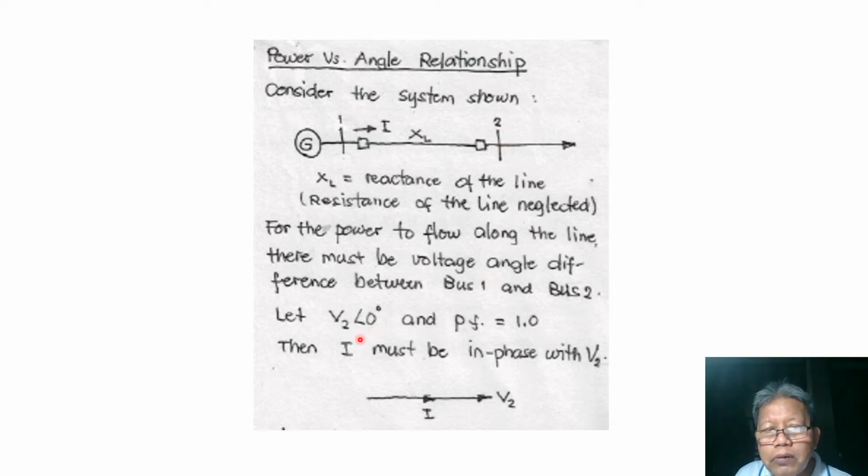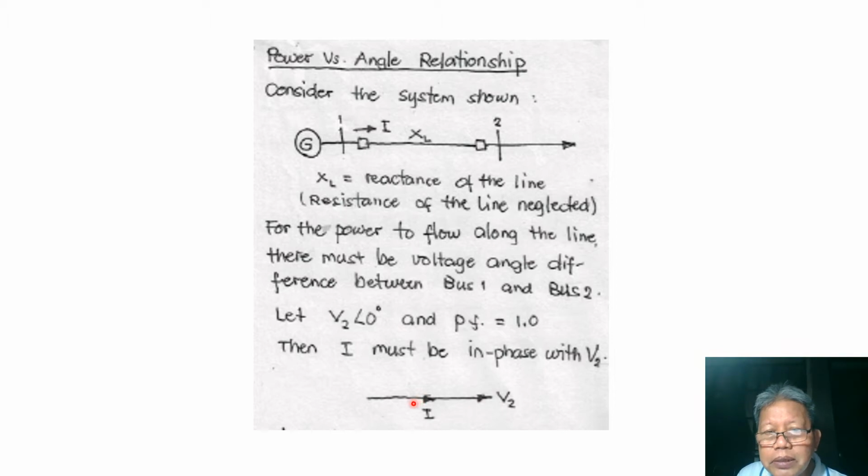So we will let V2, the voltage at bus 2, be our reference at an angle of 0, and the power factor of the load is also assumed unity, or a power factor of 1.0.